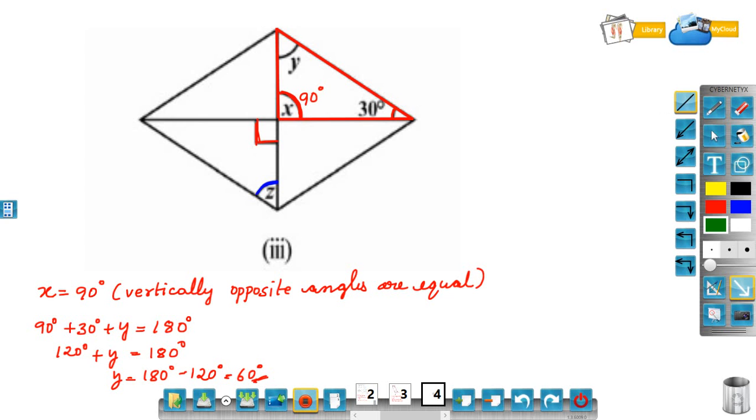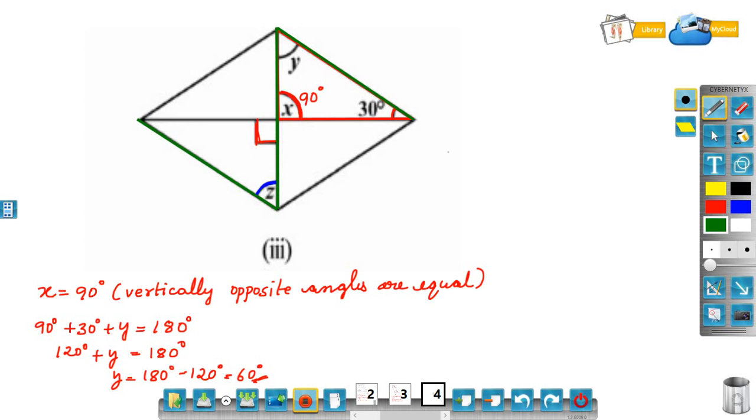Look at the Z shape like this. Z and Y are the alternate angles.